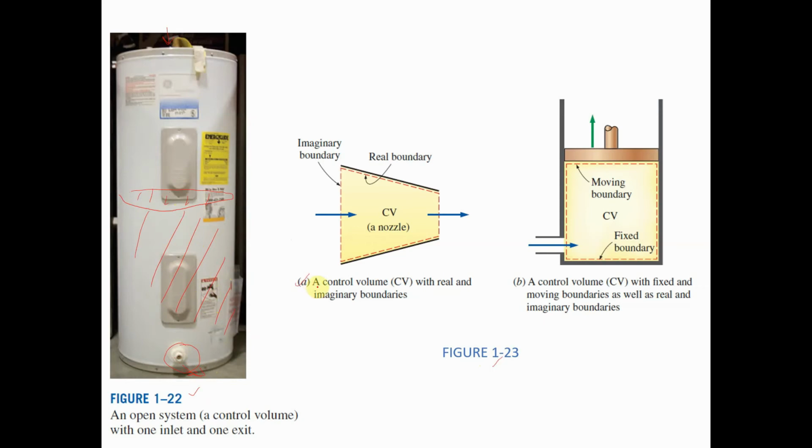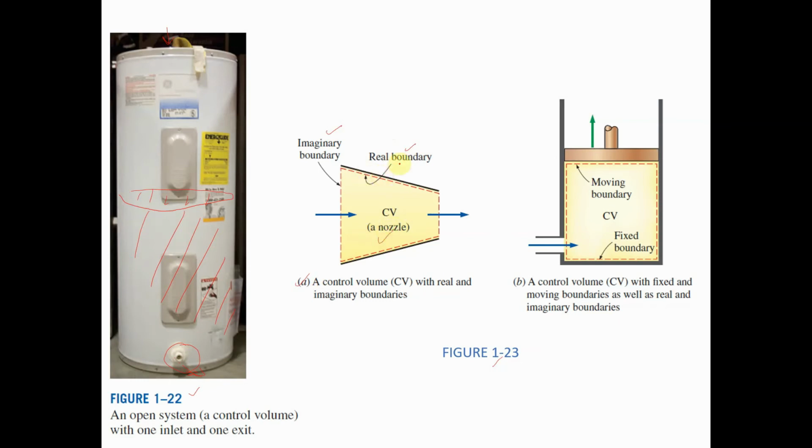Okay, and for figure 123a, here I want to explain a little bit more about the boundary. For the open system, the situation is a bit special because we are controlling the volume instead of the mass. So there are a few boundaries that we need to understand. One is the real boundary. This is a nozzle.